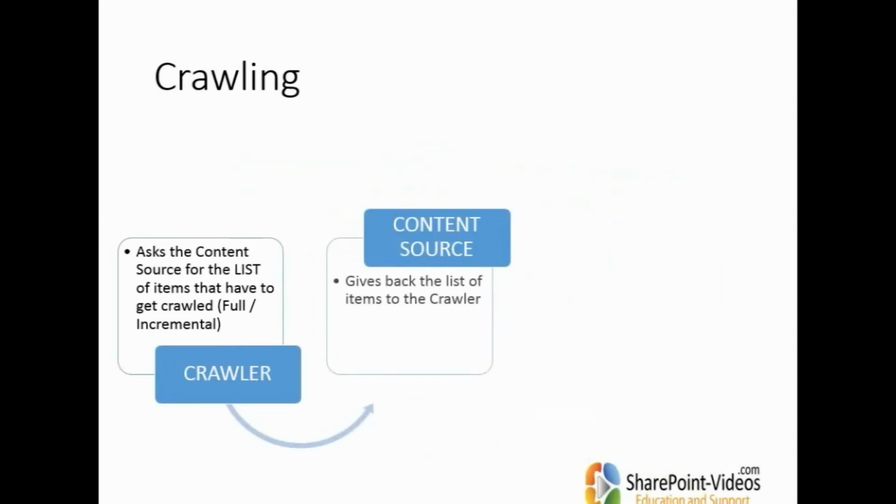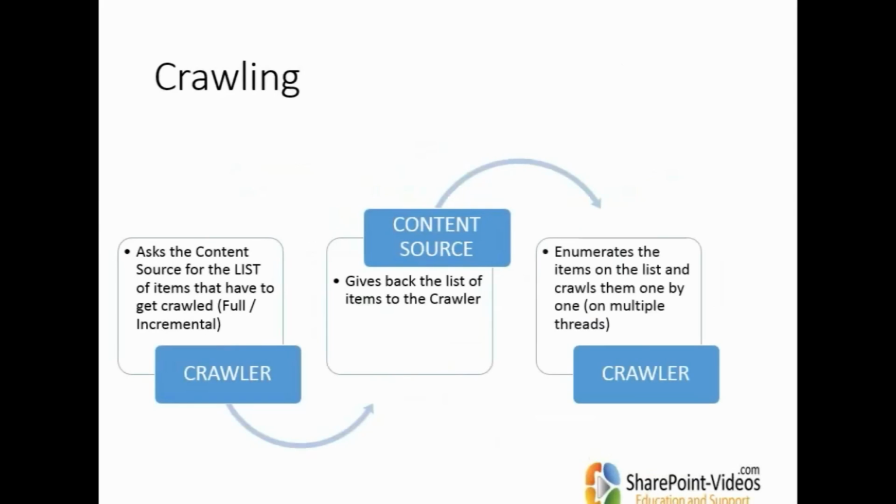So this is the second step, when the content source gives back this list to the crawler. And the third step is when the crawler goes through this list, enumerates the items on this list, and crawls them one by one.